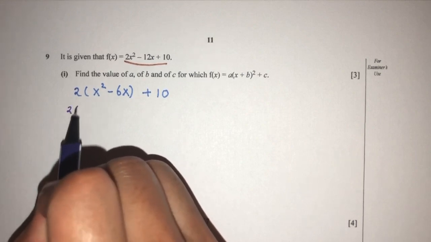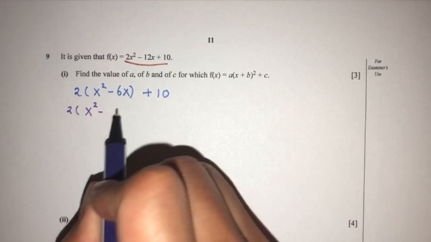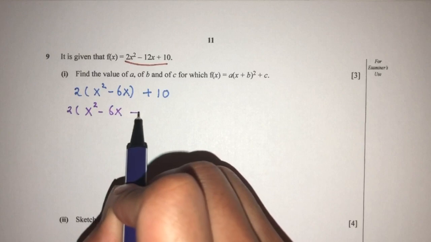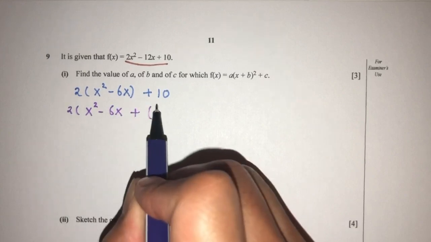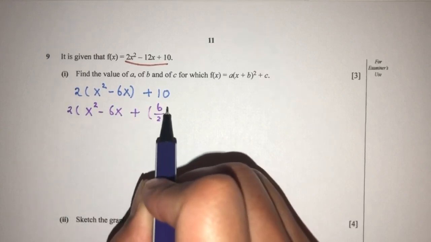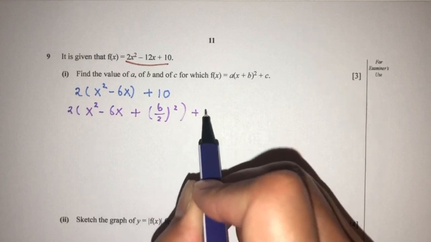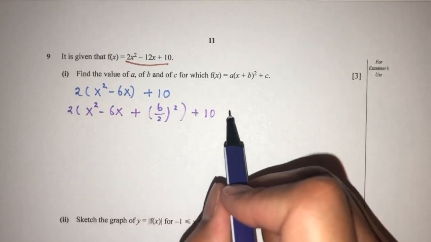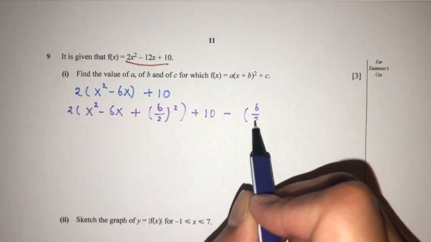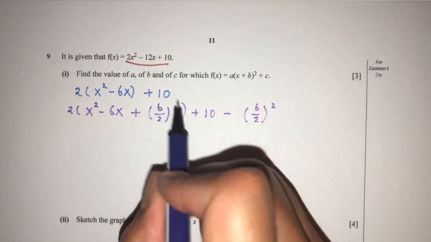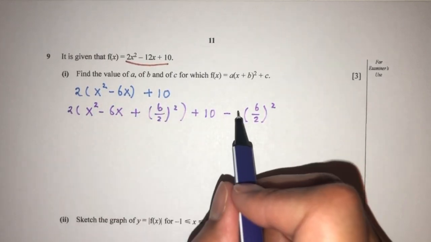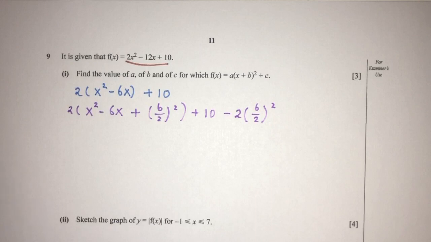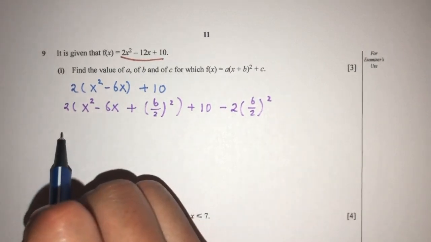You have 2. Here we have x squared minus 6x. Now plus the value. That will be value of 6, right? 6 divided by 2 square plus 10. Now when you add something, you also have to minus the same value, so you don't change the equation. Because it was inside of this bracket, we have to also give it the 2. Now simplify. 2 will be outside.